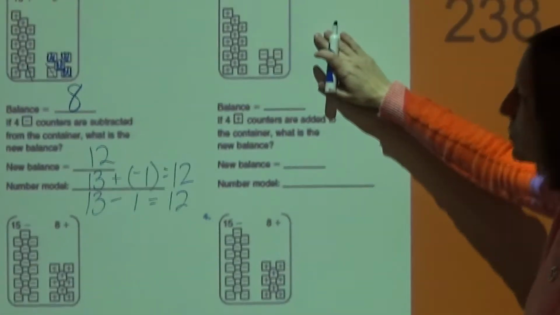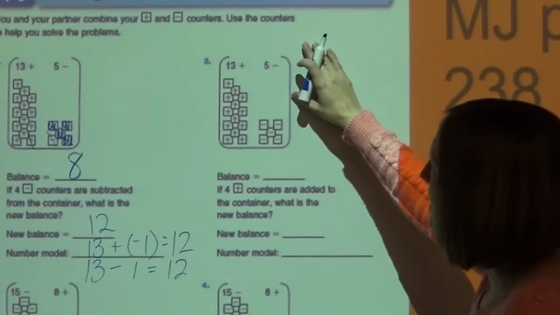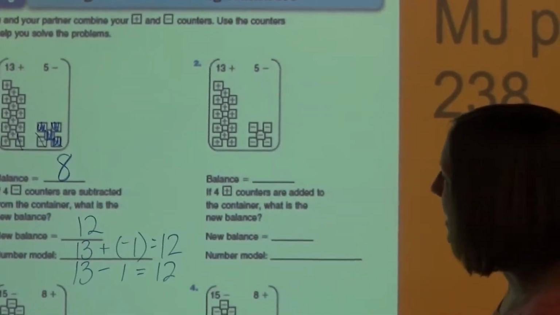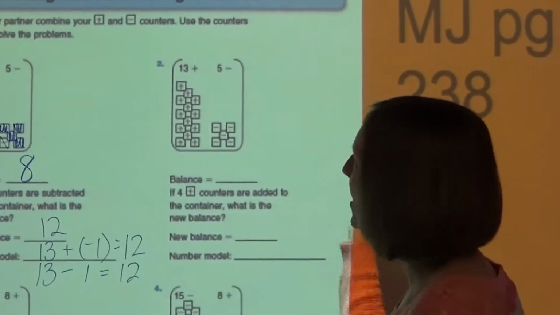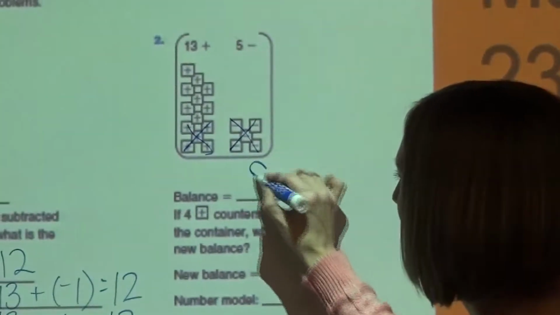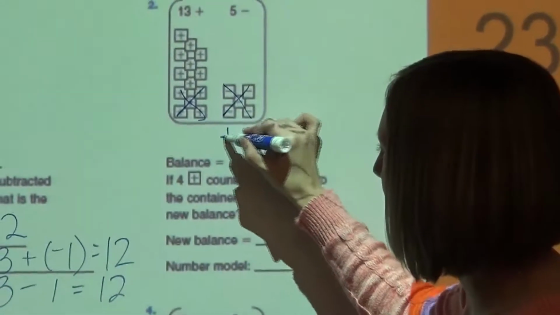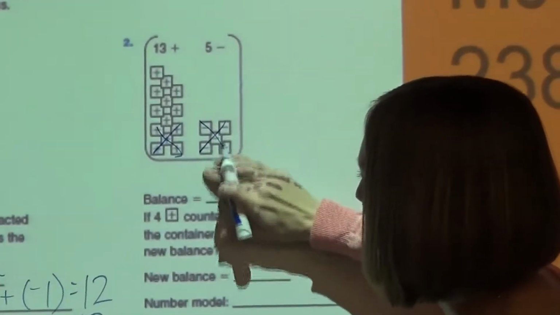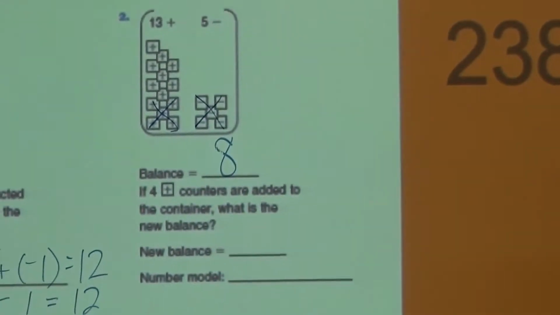Okay, if we take a look, we'll do one more together. I've got a balance of 13 positives and 5 negatives. Similar to number 1, I know that my original balance, I would take 5 off of each side and have positive 8. Remember, you can put the positive there if you'd like to, it doesn't matter. It's not really needed because we know that all numbers above 0 are positive.